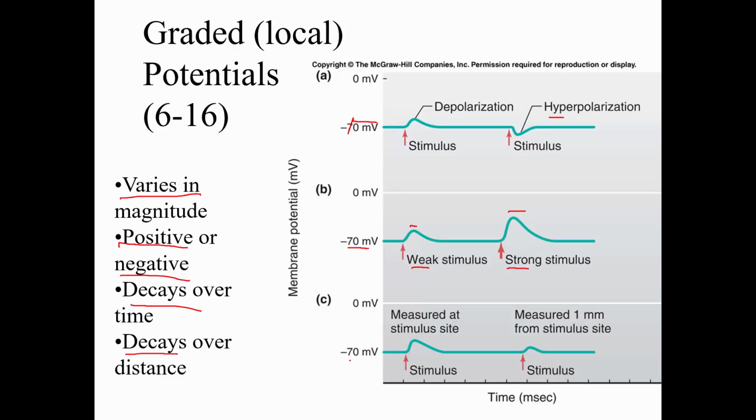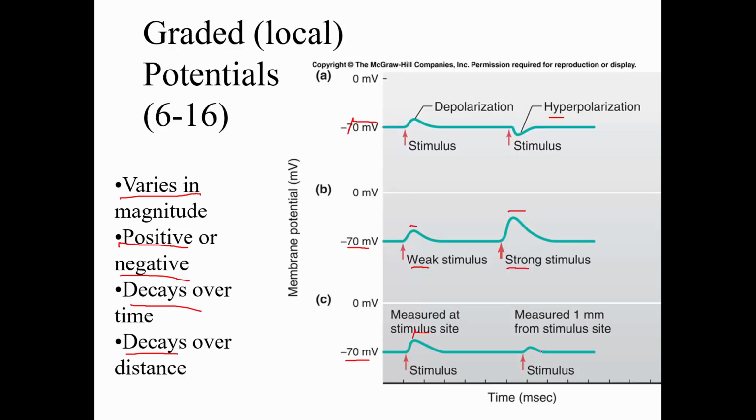And in our third tracing, we get to the idea that these local potentials decay. So we measure the stimulus at the site where it's stimulated, and then you go 1 millimeter down the axon or down the dendrite or whatever part of the cell it is, and you see the stimulus has decayed.